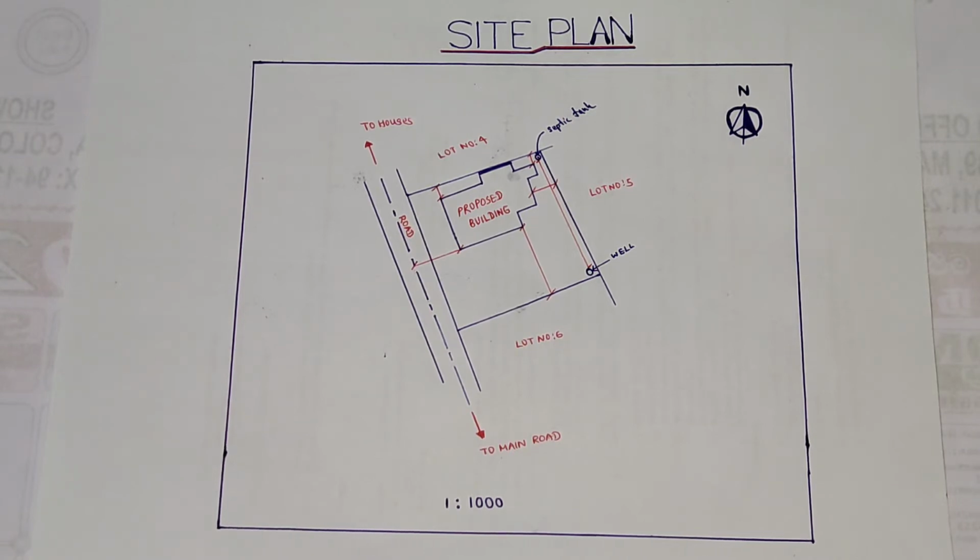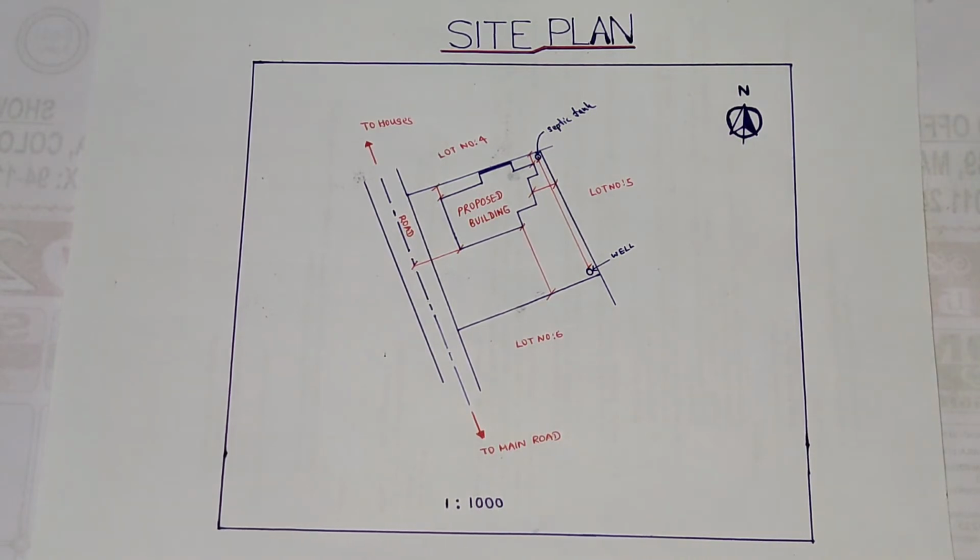I just wanted to brief you on what a site plan is, and show how a site plan looks. This is a hand sketched one, so you can have an idea of how a site plan will be.